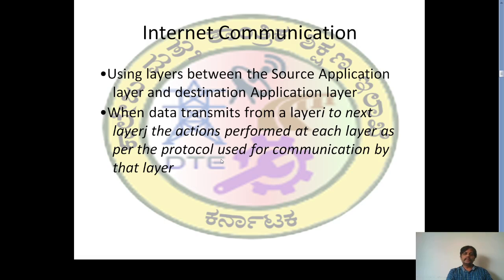Consider the transport layer: if we are using the protocol TCP or UDP, depending on the protocol, if you are using UDP, it will use those rules to make the packets that are suitable for the UDP protocol, and that will be moved to the next layer. So that means the rules that must be followed depend on the protocol we have used.